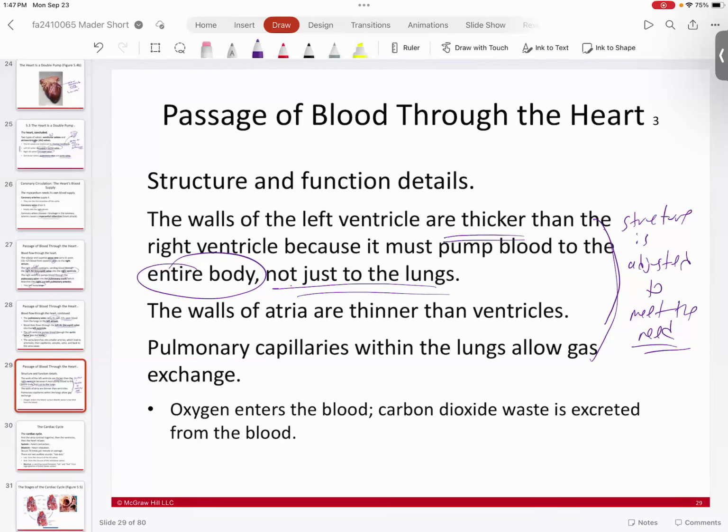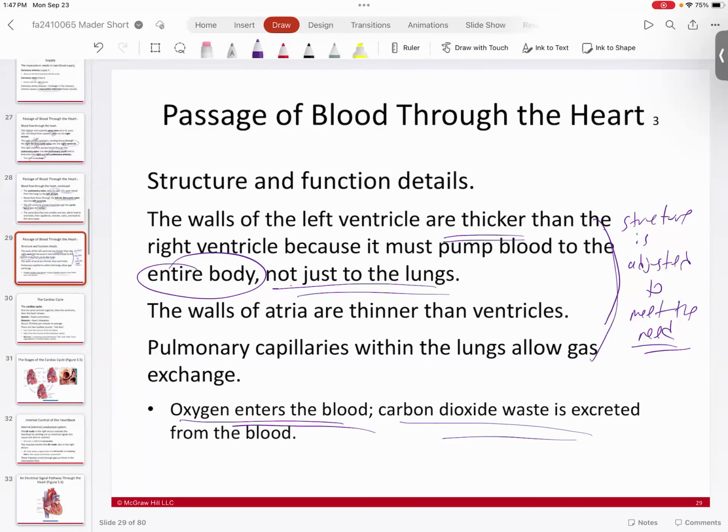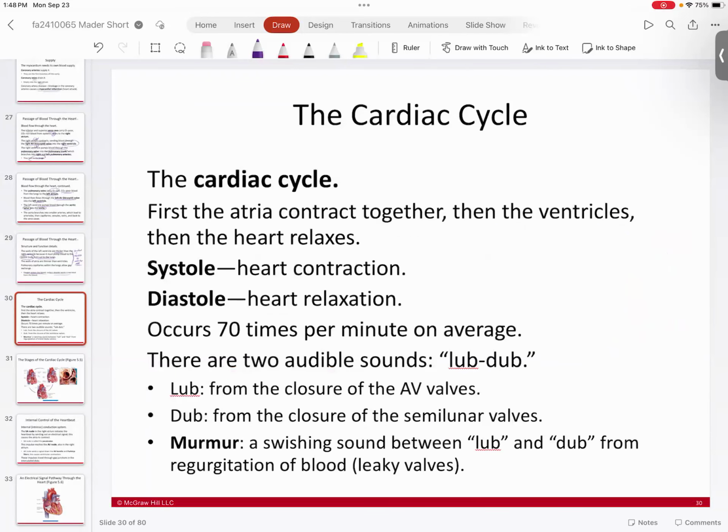So the pulmonary capillaries in the lungs will do the gas exchange. Your oxygen will enter the blood at this point. Carbon dioxide is expelled from the blood into the lungs so that you can breathe it out. After you've picked it up from the tissues, now you're delivering and getting rid of it from the lungs.